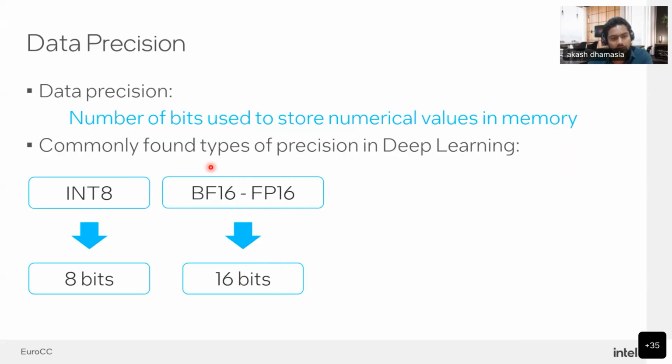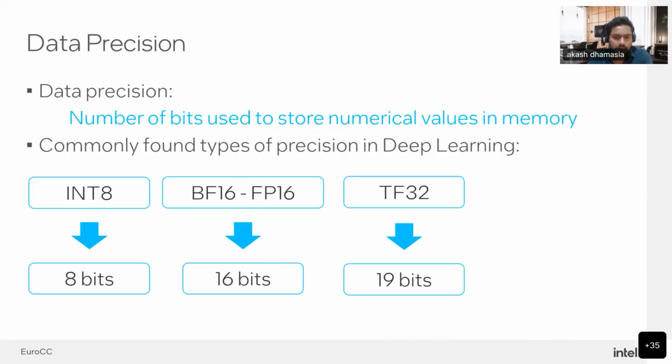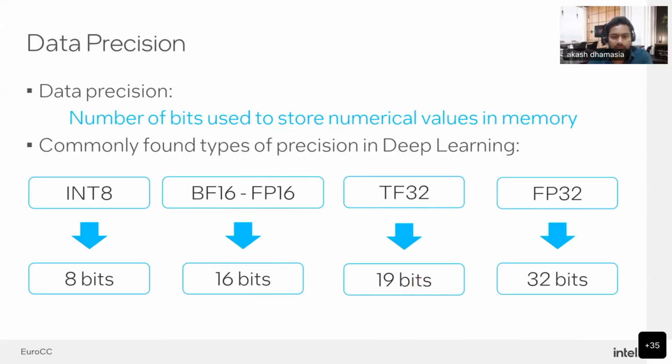But in the making of these bits, there are different numbers of exponent and mantissa bits in each of them. I'm going to talk about that in detail in the next slides. And in TensorFlow, they use TensorFlow 32, which uses 19 bits in total to store neuron or weight values. And the most famous is floating point 32, which uses 32 bits, with some bits for sign, some bits for exponent, and some bits for mantissa.